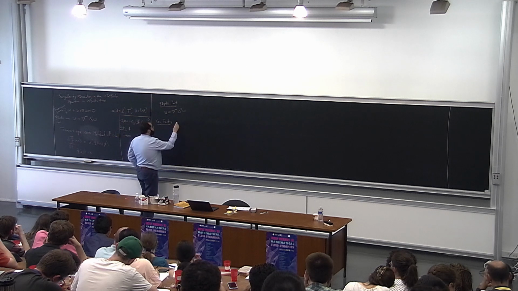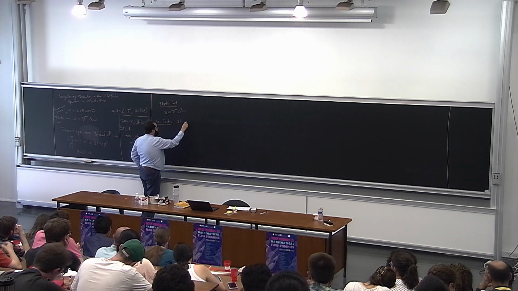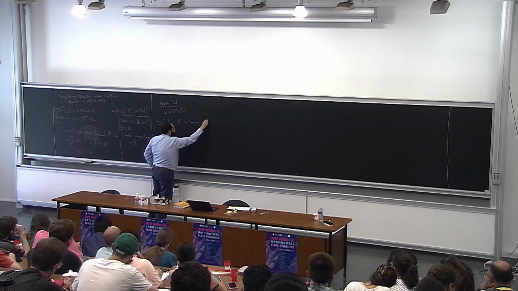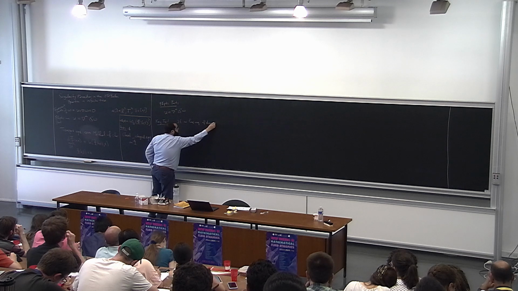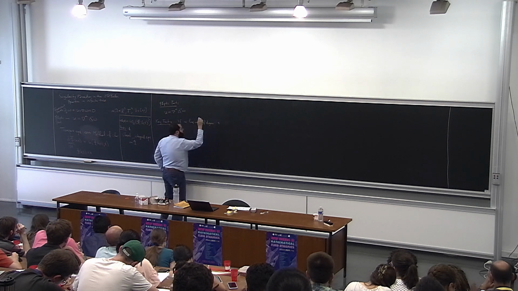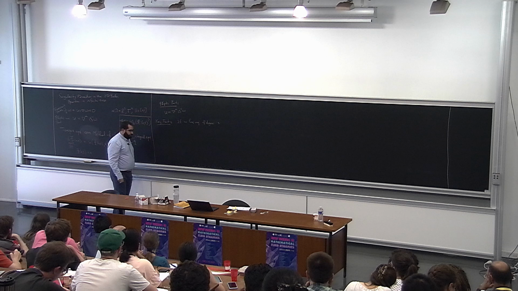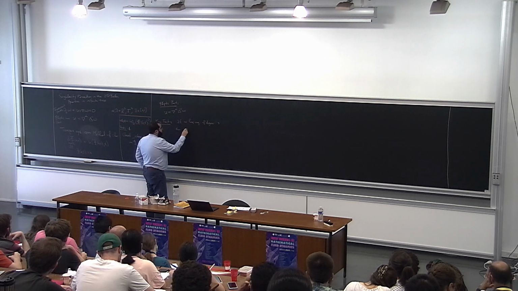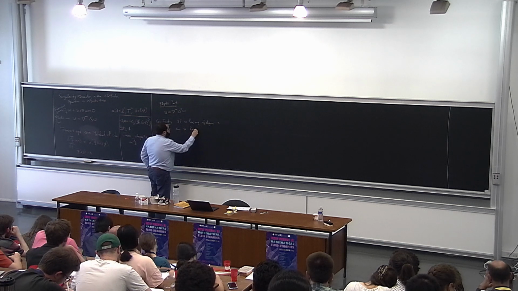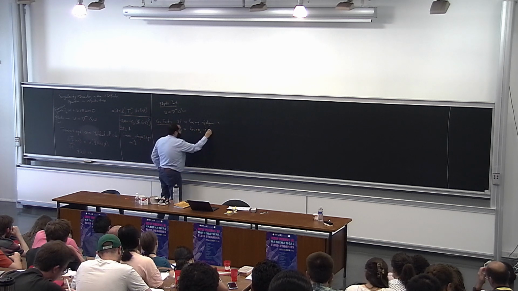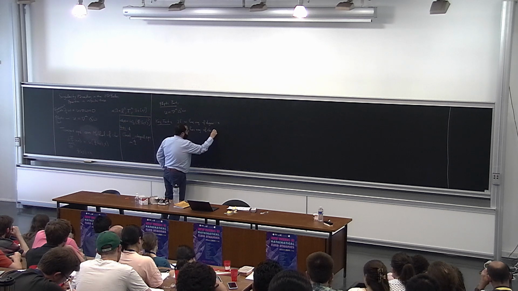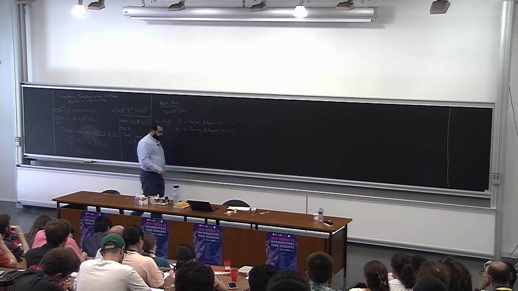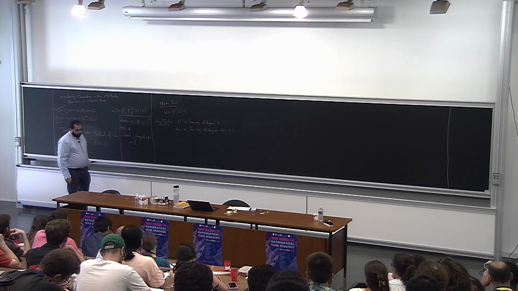But the key fact about this relationship is that if omega has regularity of degree s, so differential regularity, then normally you will have regularity of degree s plus 1, maybe a little bit less than that depending on what space you're working in.